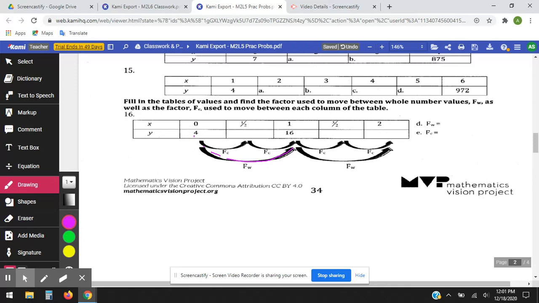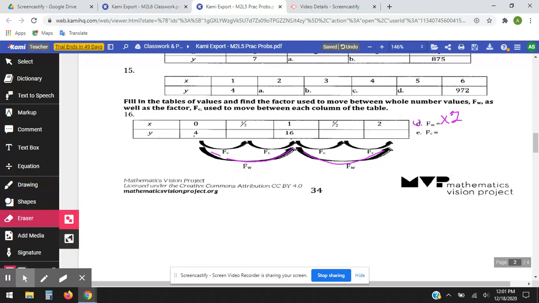Now we're still in the geometric. So 4 times 2 is 8, and 8 times 2 is 16. Well, that's 32. So my F of W, this one here, is times 2. That's what I'm doing to go from the 4 to the 6. Oh, wait a minute.